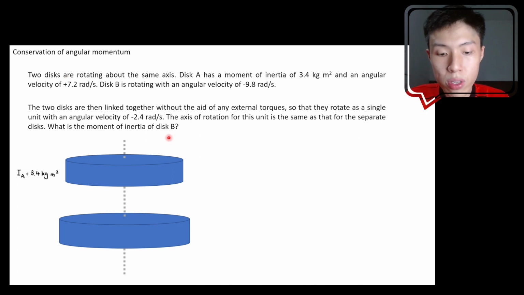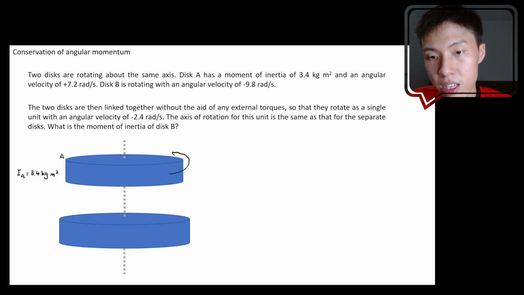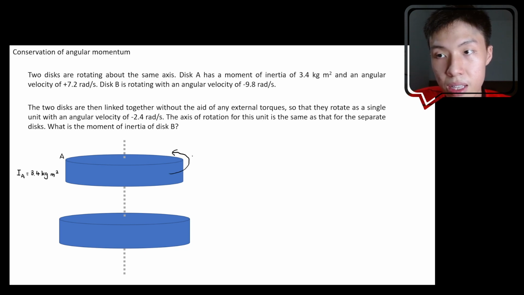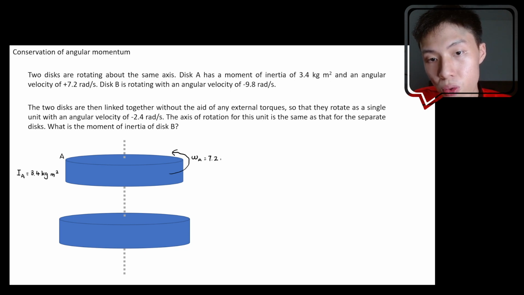So if you follow that sign convention, then let's say this is A, and A here will be spinning anti-clockwise, something like this. And the angular velocity will be equal to 7.2 radian per second. You can put on the positive sign.